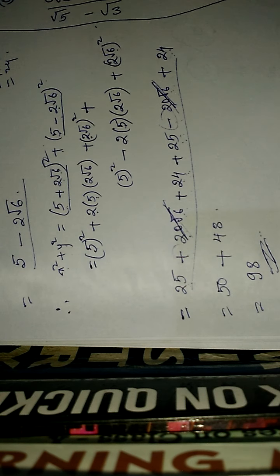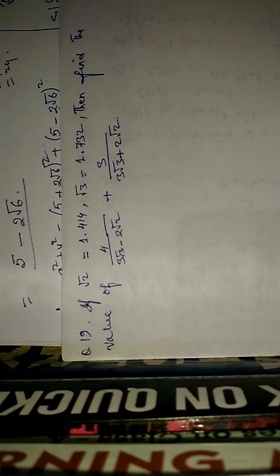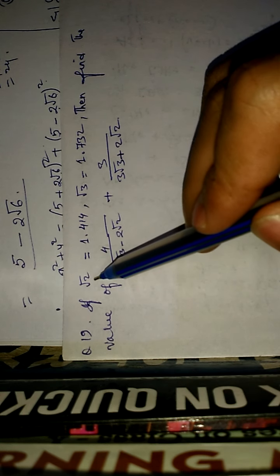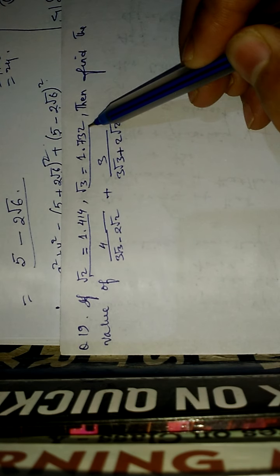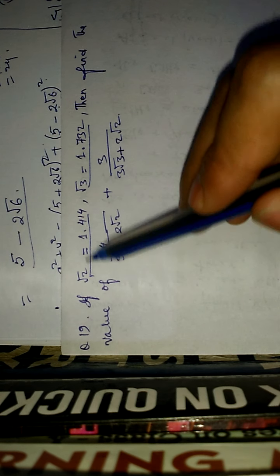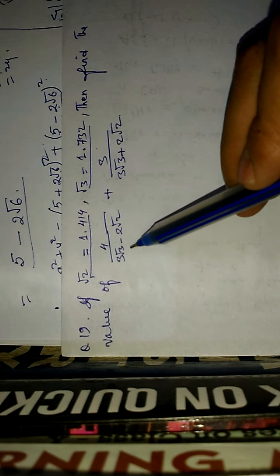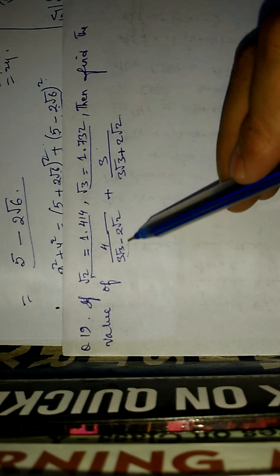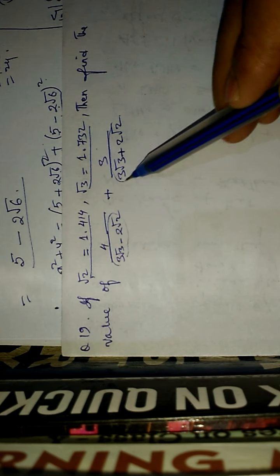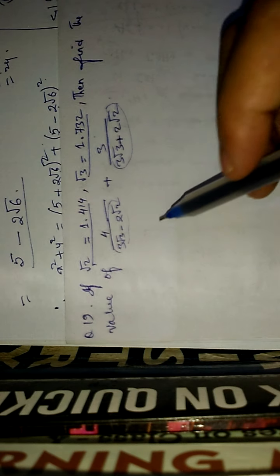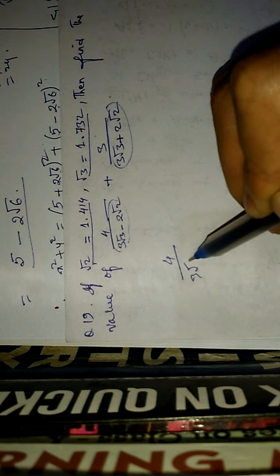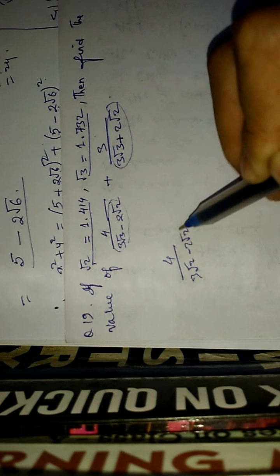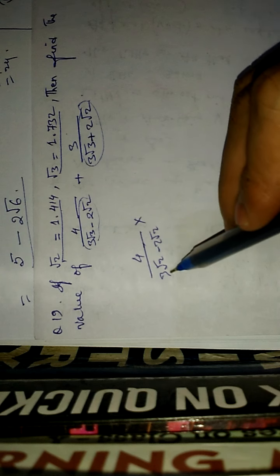See, in this question, the root 2 value is given and then the root 3 value is also given. Before using these root 2 and root 3 values, you have to rationalize this denominator and this denominator. Okay, how to rationalize? That means you have to multiply this 3 root 2 minus 2 root 2 by the same number as the denominator but with the opposite sign.